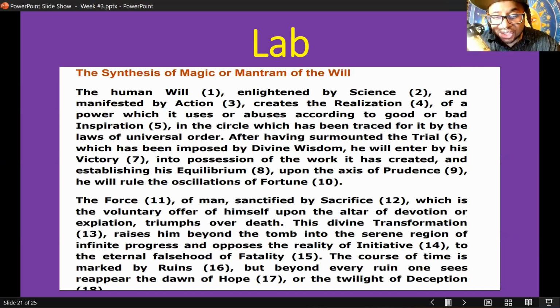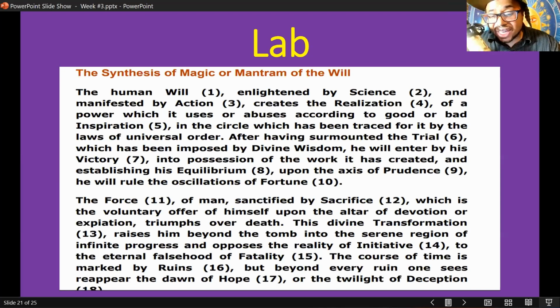This divine transformation, number 13, raises him beyond the tomb into the serene region of infinite progress and opposes the reality of initiative. Number 14, the alchemist, to the eternal falsehood of fatality.